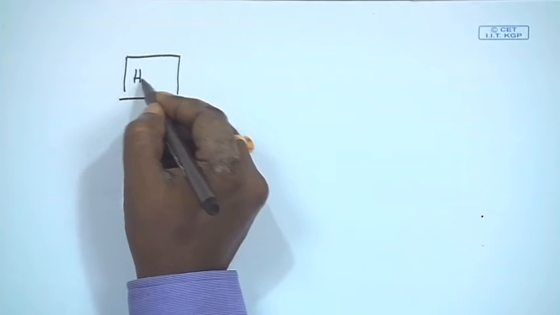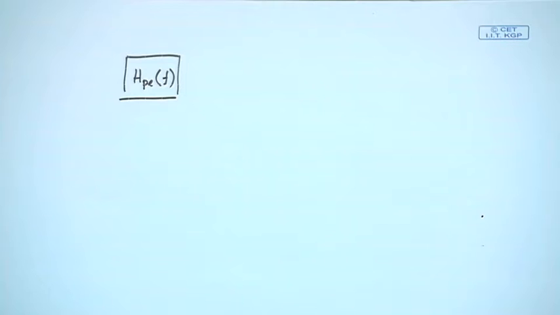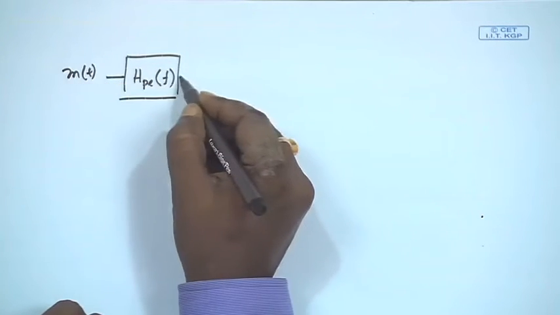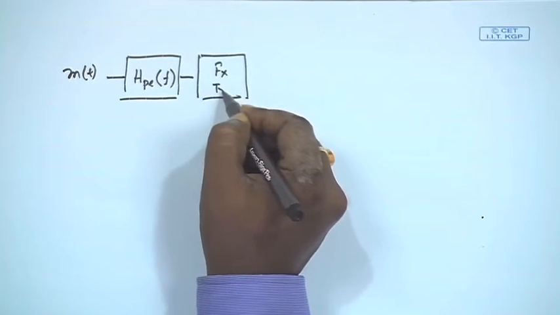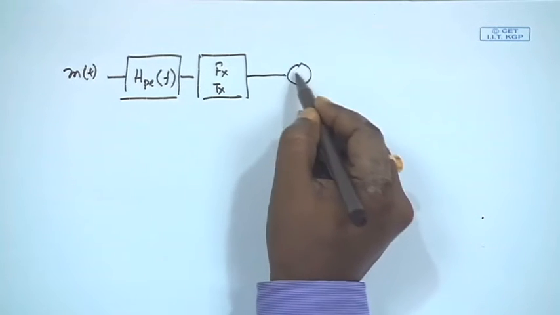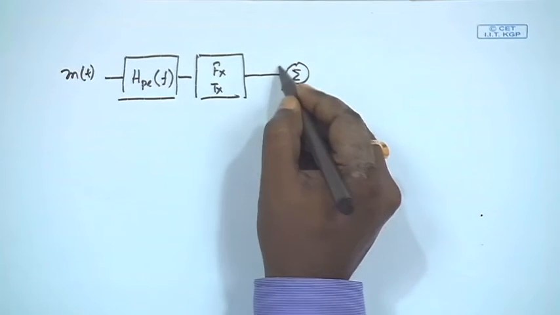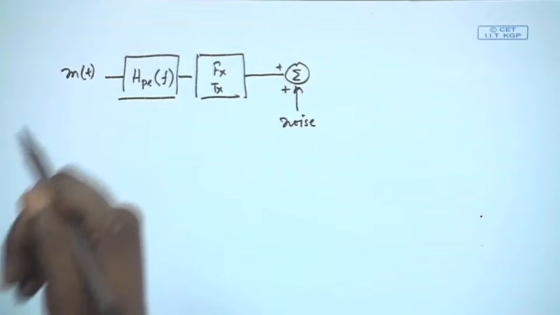The overall thing is there should be an H pre-emphasis filter just before the transmission. So, our message signal m(t) must go through this, followed by whatever FM transmitter we have, any transmitter is okay, and then it goes to the channel where the noise is being added with the modulated, pre-emphasized signal.